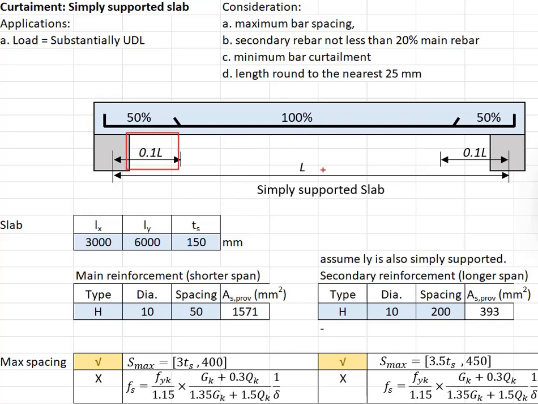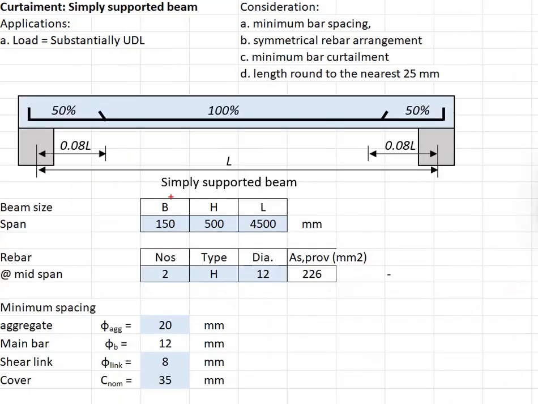Except that the locations where you are doing the curtailments are different. For simply supported slab, we are talking about 0.1 times the effective span of the slab, measured from the support. As for simply supported beam, it is 0.08 times the effective span of the beam, also measured from the support.